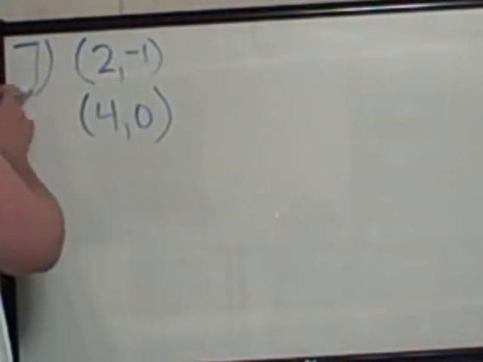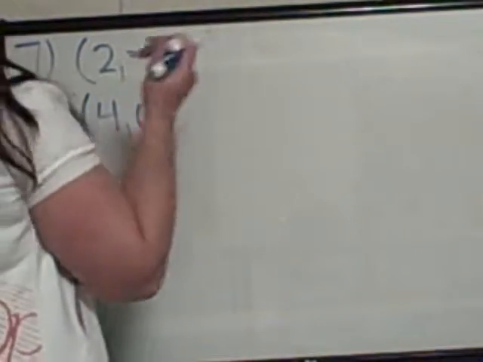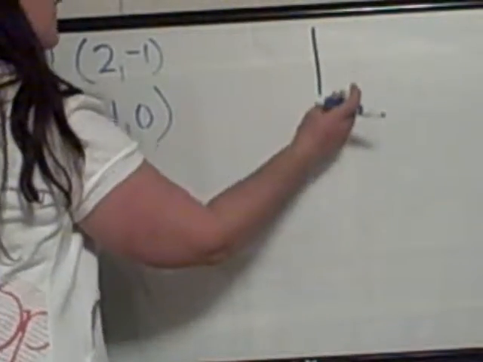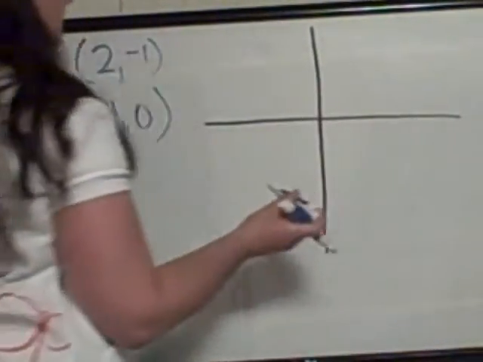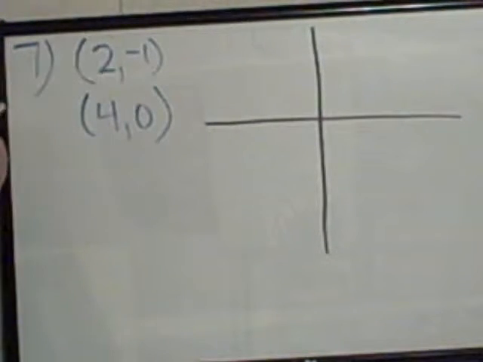That's first. So, in order to graph it, we need an XY coordinate system. The first number tells us how far to run. The second number tells us how far to go up or to go down.